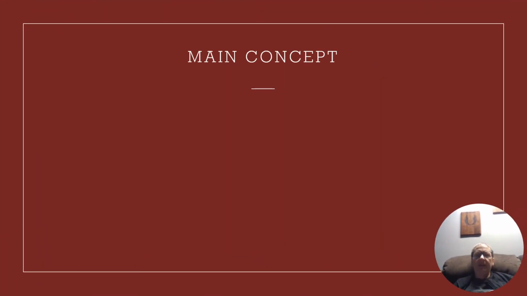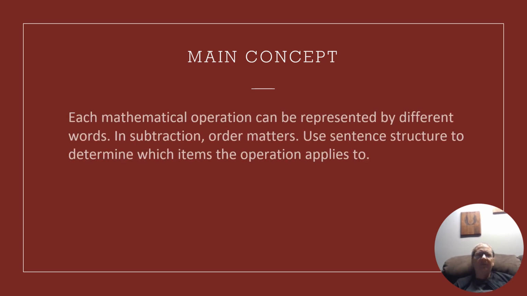All right, the main concept for today is as follows. Each mathematical operation can be represented by different words. In subtraction, order matters. It's actually true for division as well, but it doesn't happen that often with division. It's more common with subtraction. Use sentence structure to determine which items the operation applies to.